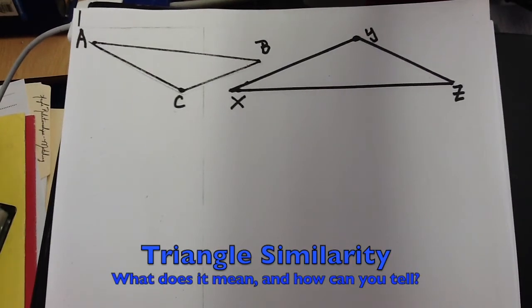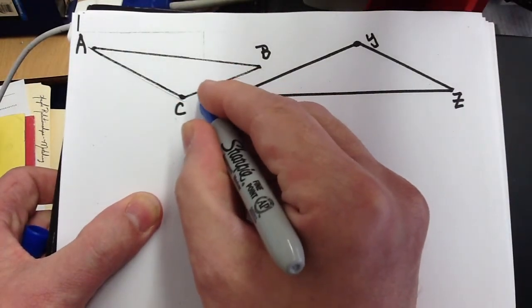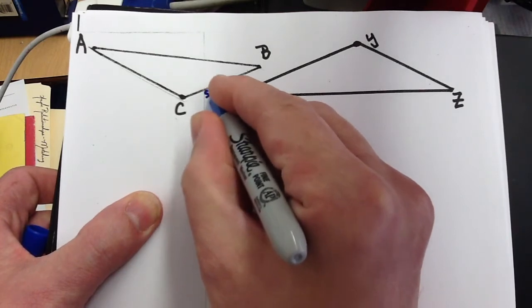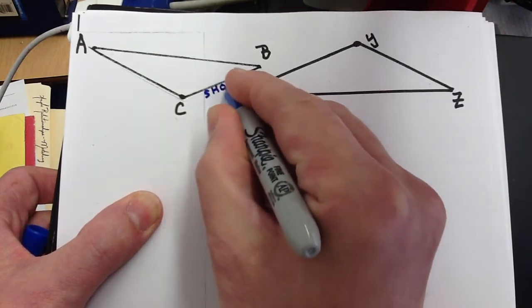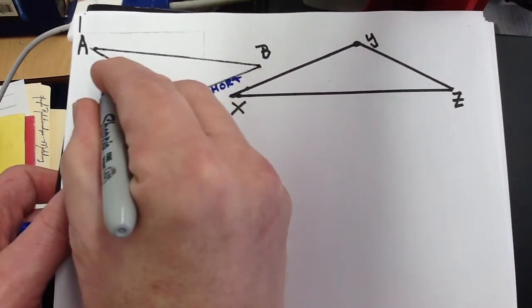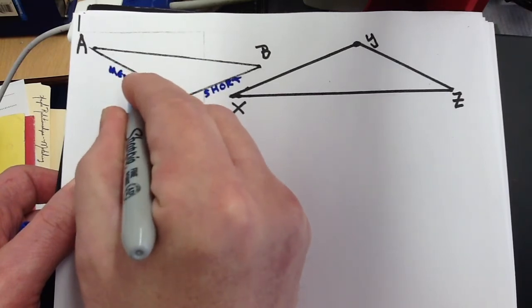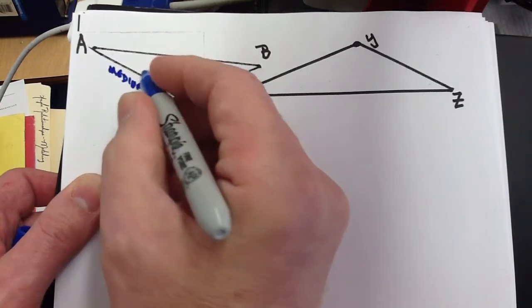Anytime you're comparing two different triangles to try to figure out if they have anything in common, the first thing you want to do is make sure that you are comparing the corresponding sides. Now, if you don't know anything about the triangle at all, the corresponding sides would be the short, medium, and long side.